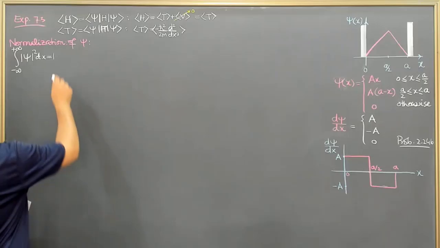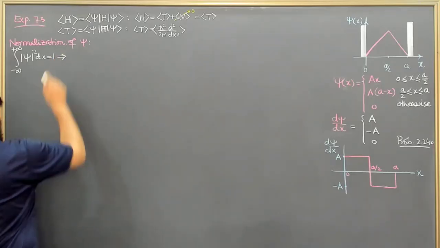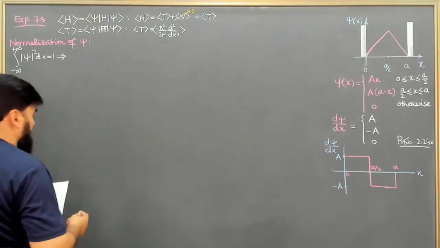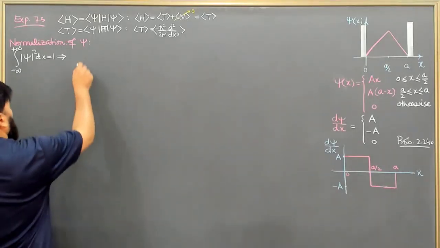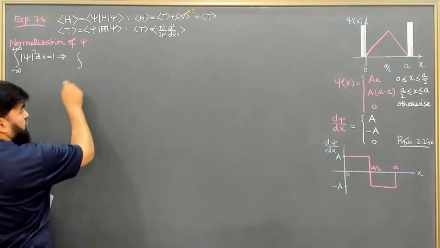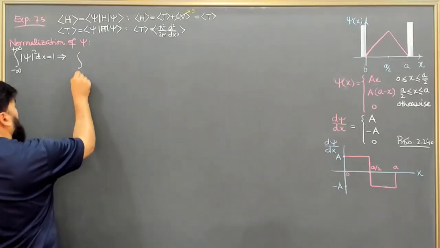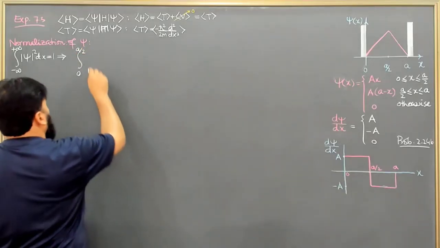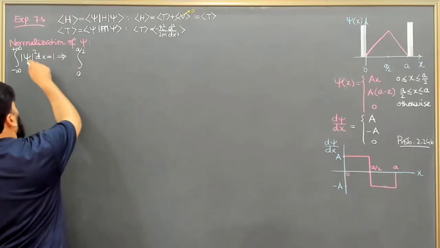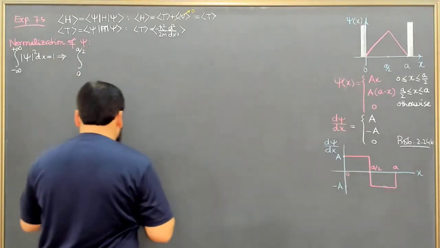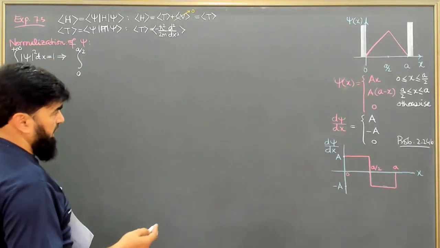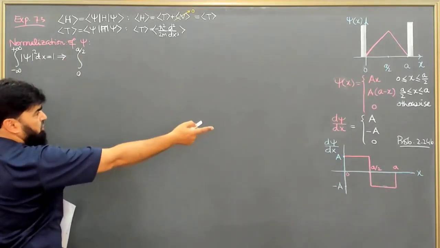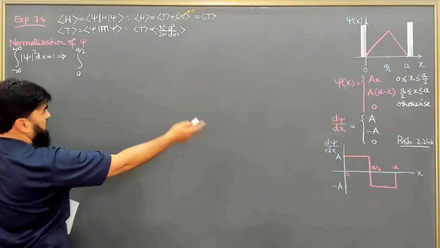This implies that I will have to put the limits from 0 to a over 2. The portion of psi that I am having is Ax. Since it is psi mod square, no iota is involved, so I will have to square it directly.